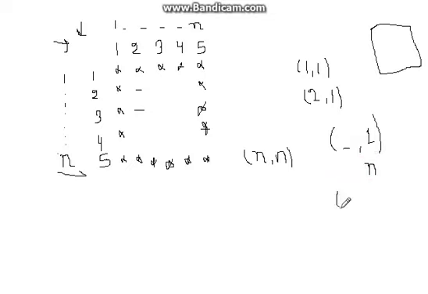And once again we are seeing that at position n, the value of j becomes n. What we have considered is this is the value of i and this is the value of j.